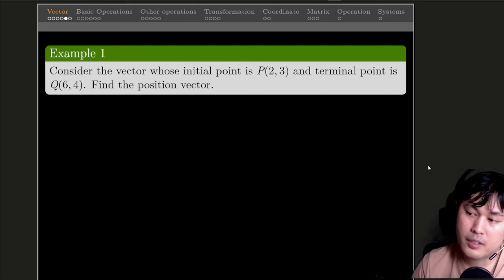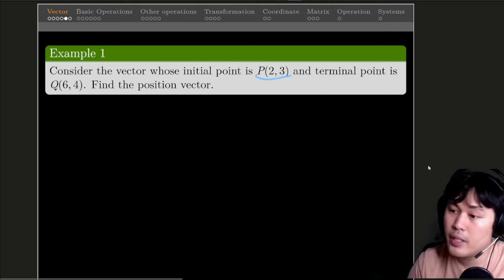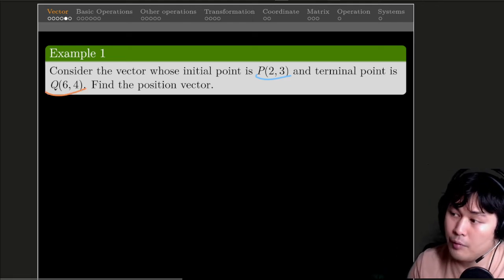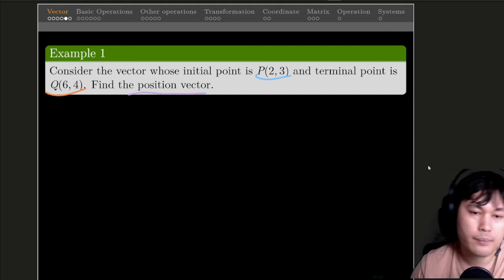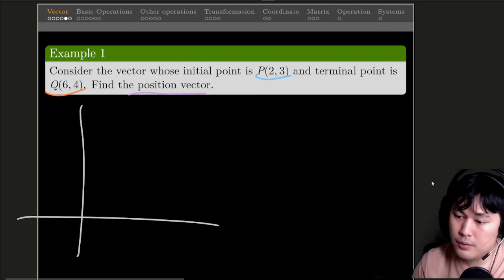We consider a vector whose initial point is the point P (2, 3), and terminal point is Q (6, 4). Then we have to find the position vector. We find the vector between those points in terms of numbers. And so what you do is you just draw it.